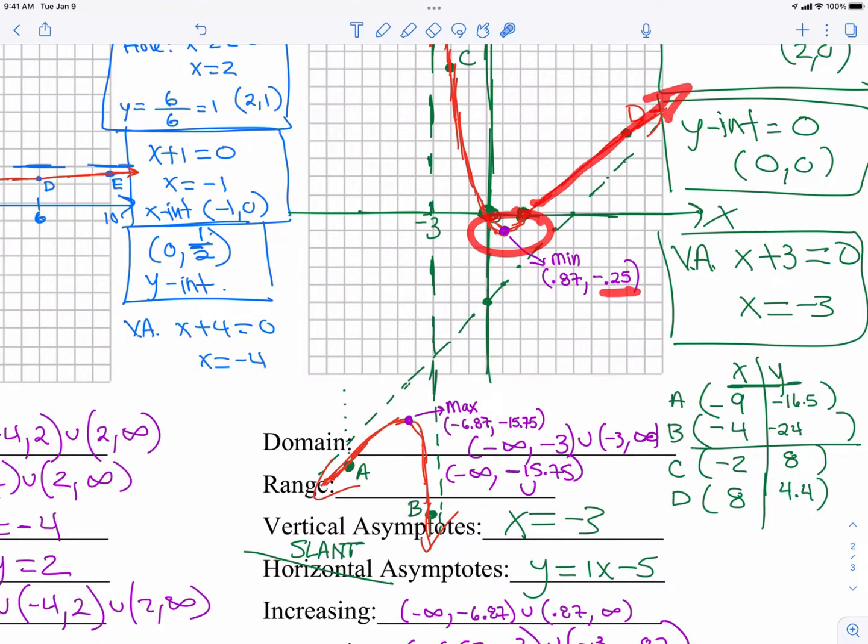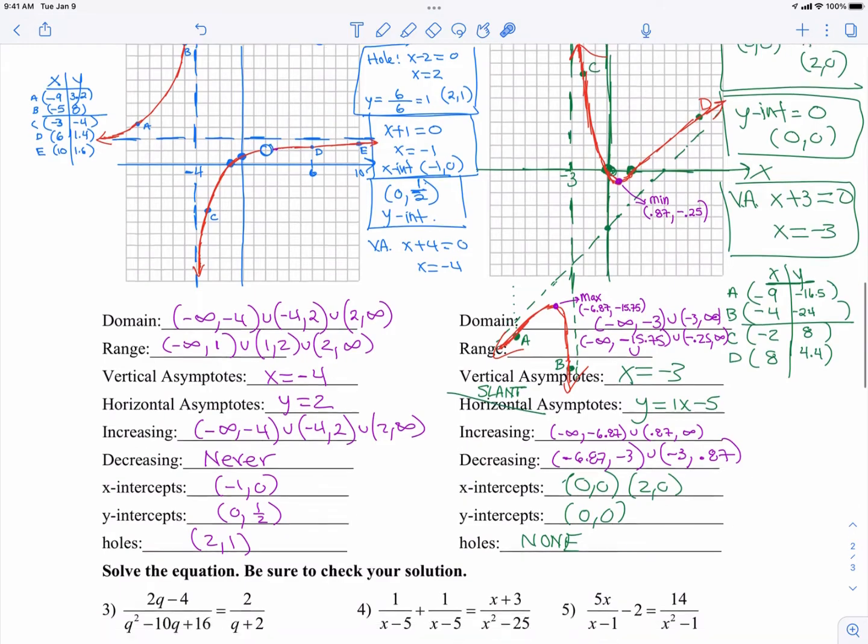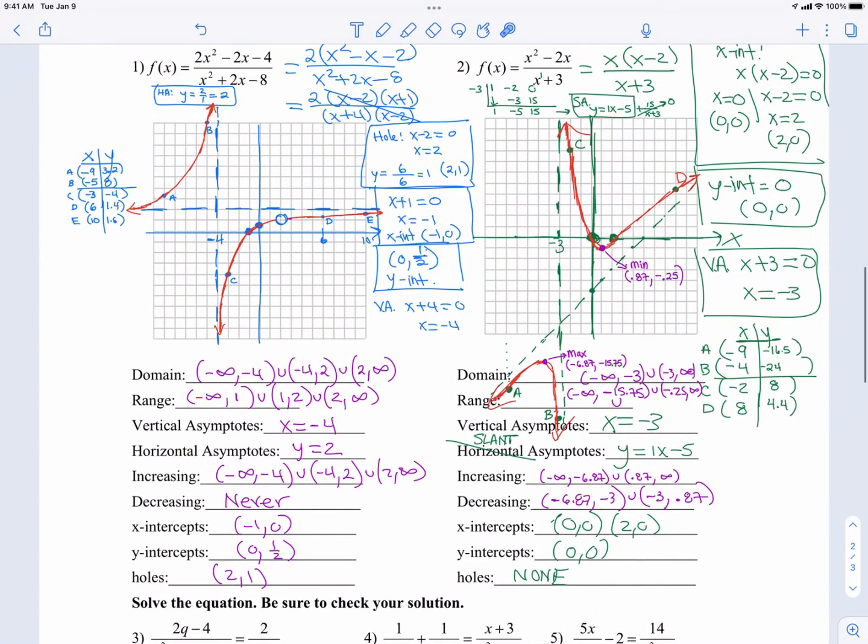So from negative 0.25 to infinity is the other part of your range. Here is your range: negative infinity to negative 15.75 union negative 0.25 to positive infinity. And that completes the graph for number 2.